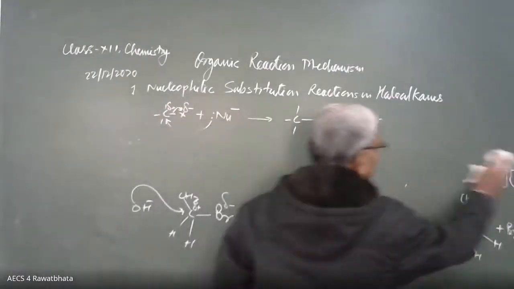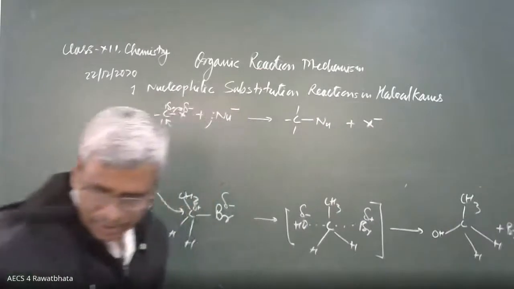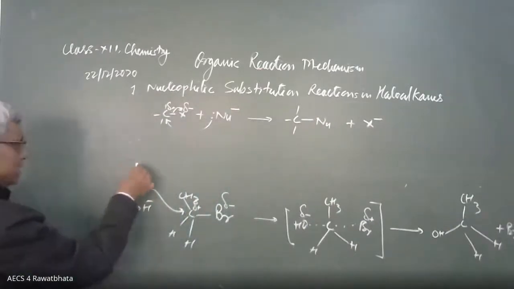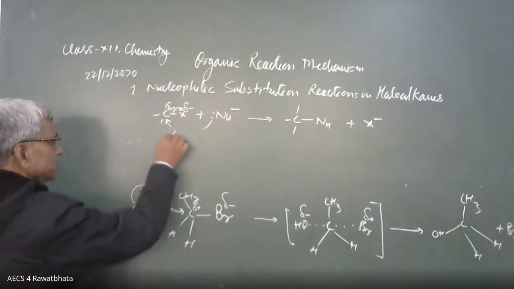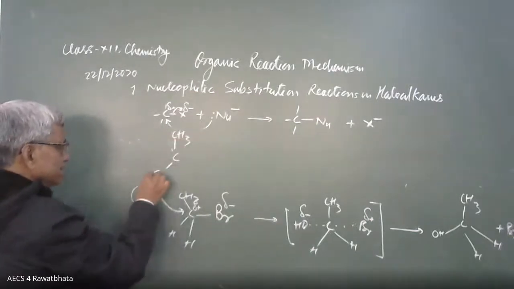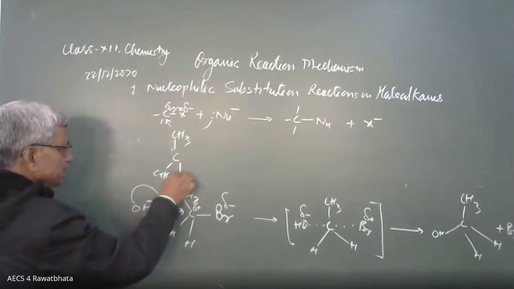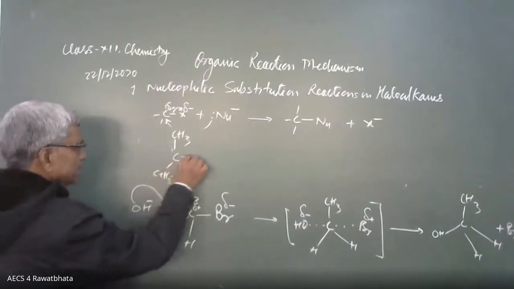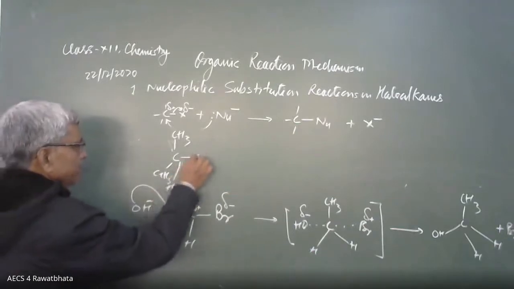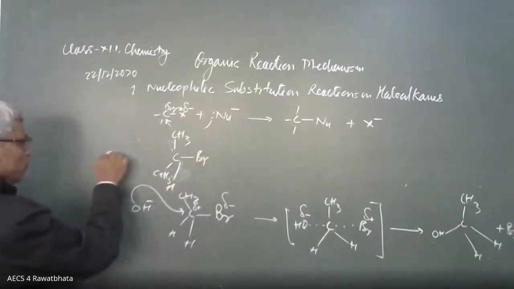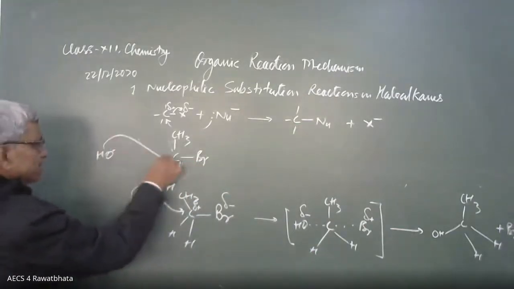Another example: if I take an optically active compound, here is carbon, here is CH3, here is C2H5, here is hydrogen, and here is Br. This is going to be attacked by OH minus.